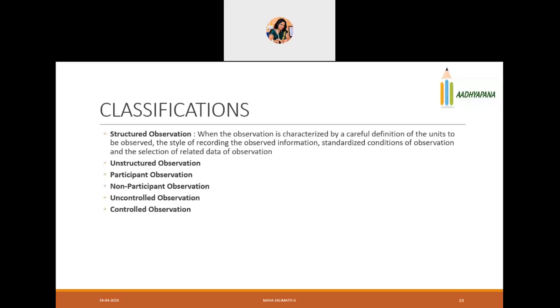Now, classifications of observations. You have a structured observation wherein you know what is to be observed. Say, for example, you are observing the buying behavior of people, especially of those women who are very much inclined towards good looks. Now when you look at them, you have a list of questions.